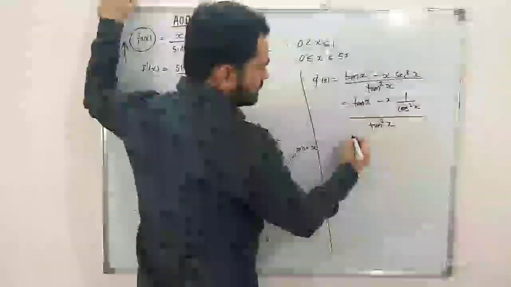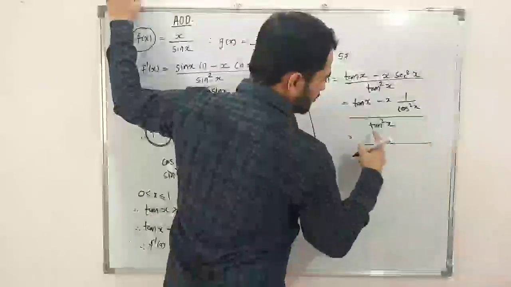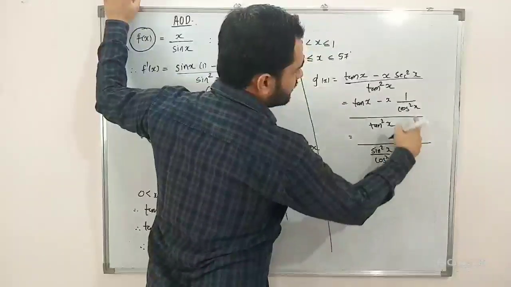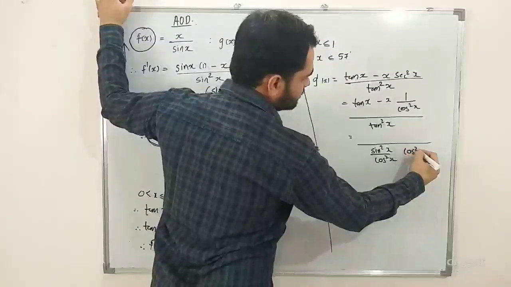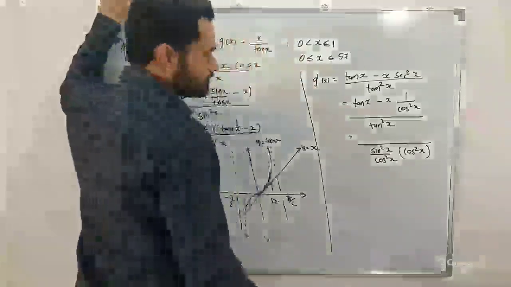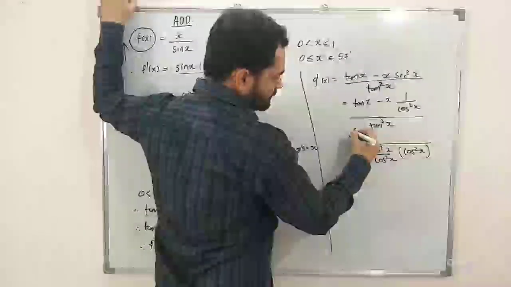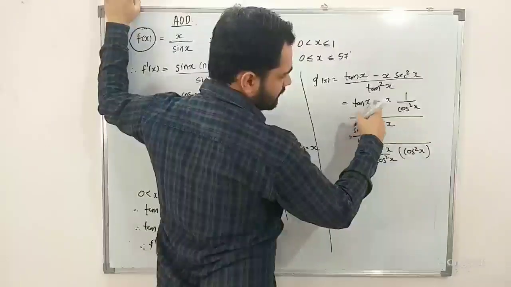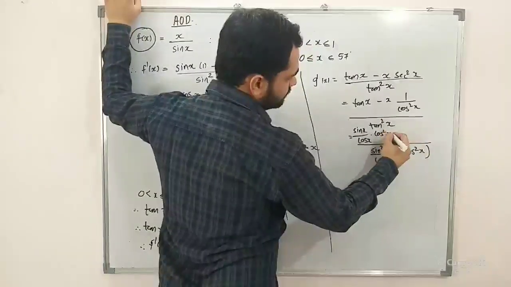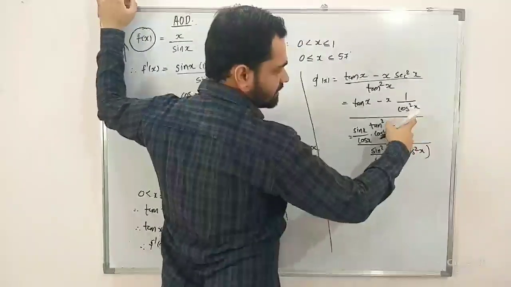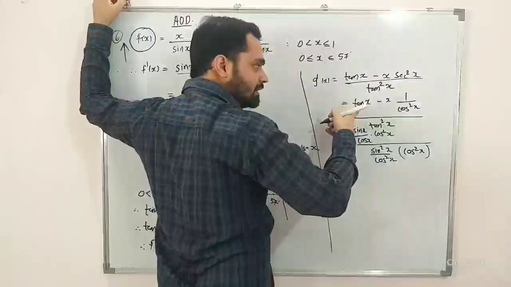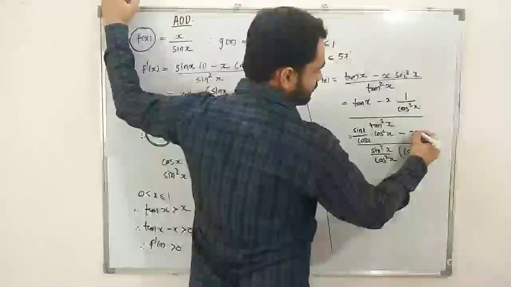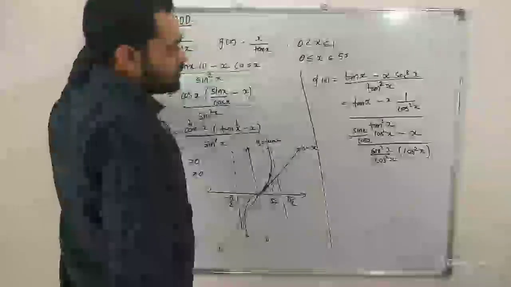So taking LCM cos square x, in the denominator it is sin square x upon cos square x, and the numerator is cos square x, multiplied with tan x, and tan x can be written as sin x upon cos x, minus x, right? Okay.